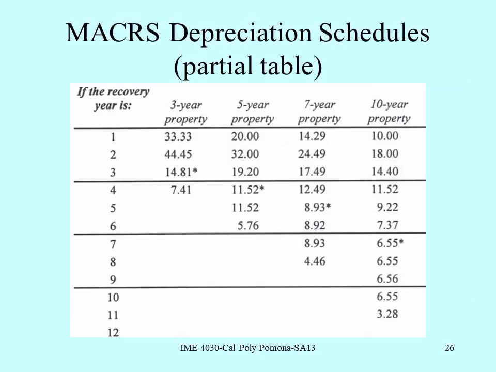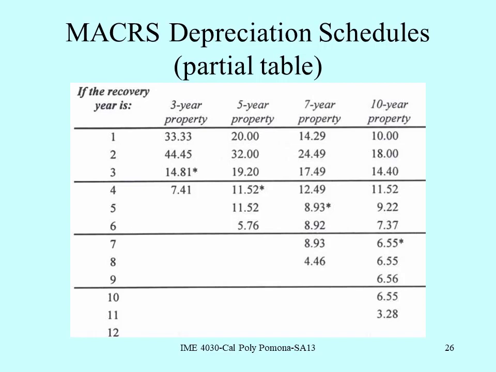And once you determine your property class, then you look at the column that corresponds to that, and it tells you what percentage of the first cost of the asset that you deduct for each year's depreciation amount. And it converts to straight line in the years where the asterisk is shown. So it's pretty straightforward.